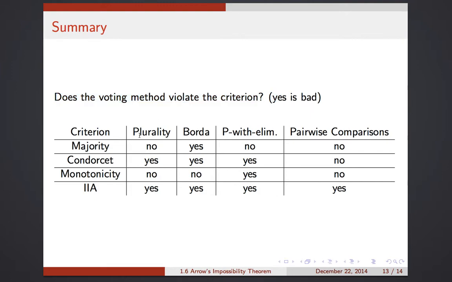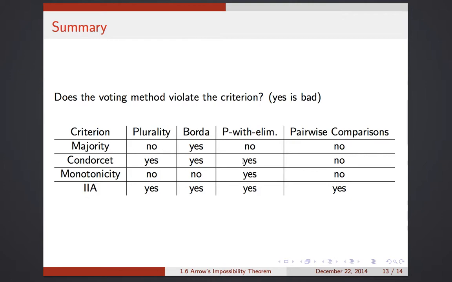So if the answer is yes, that's bad. So notice in this table, plurality does not violate majority. That's good. It does not violate monotonicity, but it does violate Condorcet and irrelevant alternatives, which we already knew. Notice that using Borda, as we already pointed out, it can violate majority, it can violate Condorcet, and it can violate irrelevant alternatives. Plurality with elimination does not violate majority.